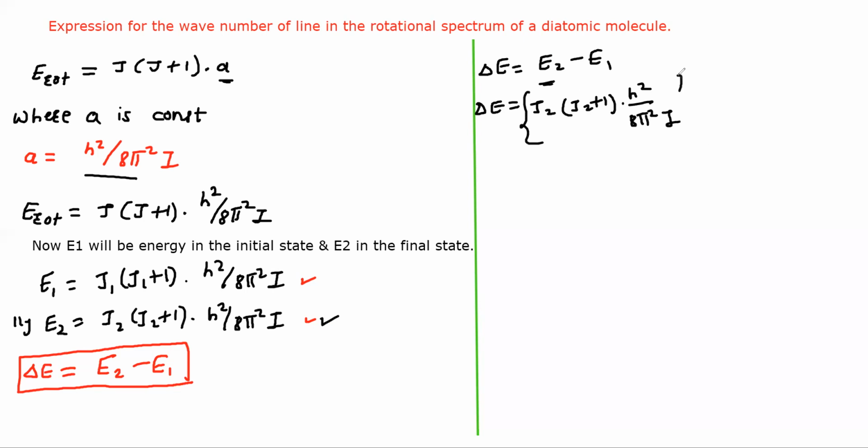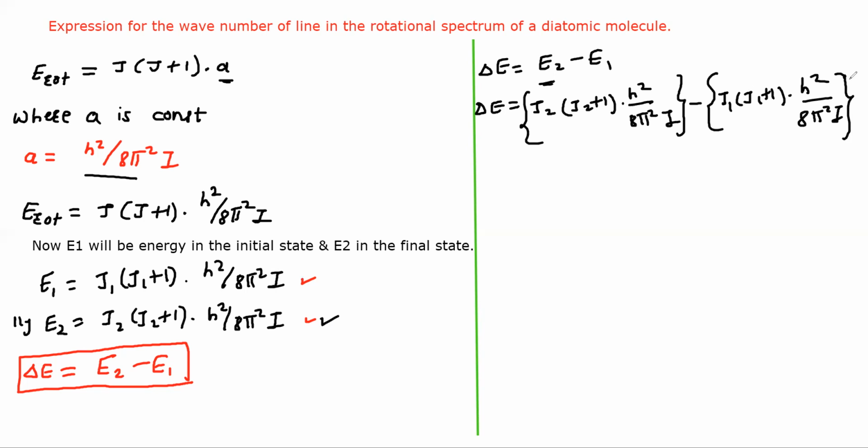Okay, minus, it is a difference between these two energies, so it is minus, and E1 will be J1 in bracket J1 plus 1 times h square upon 8 pi square I, bracket complete.